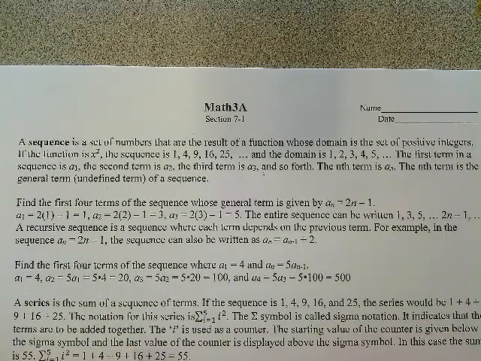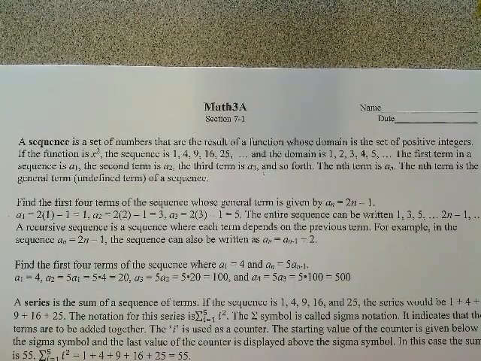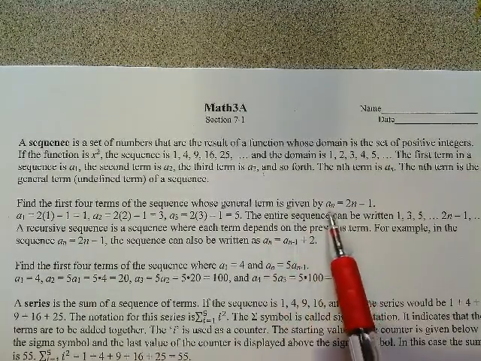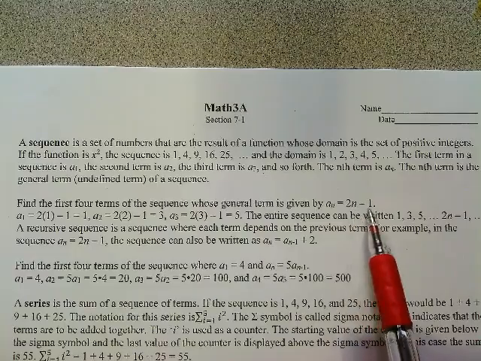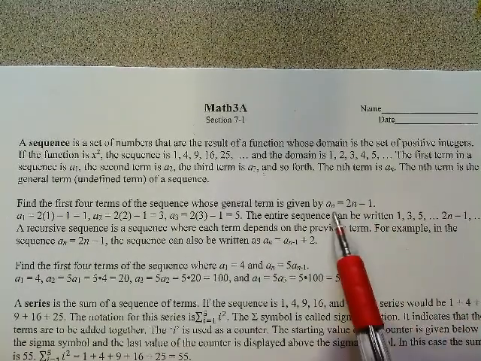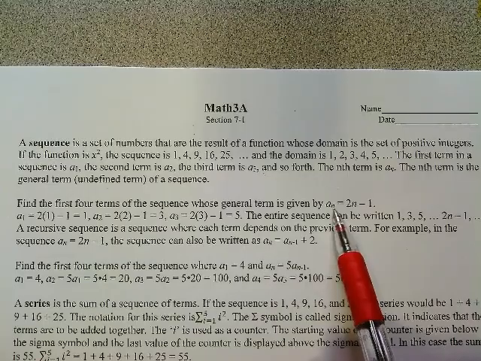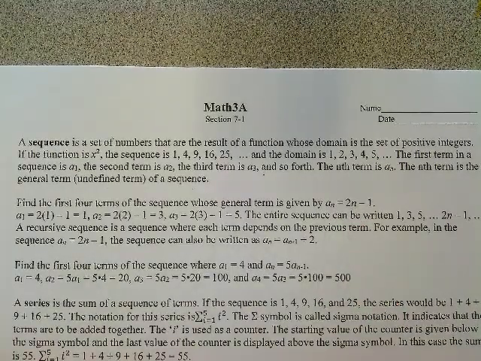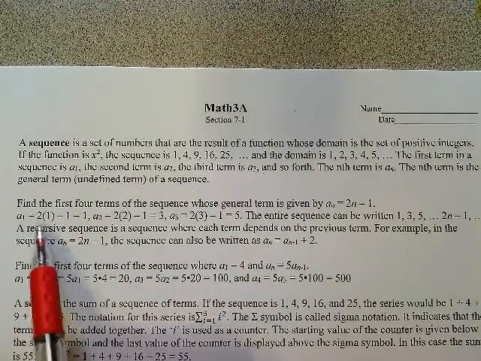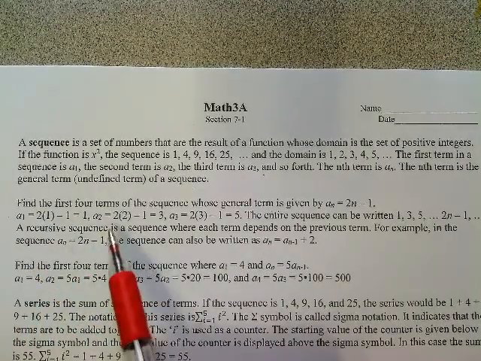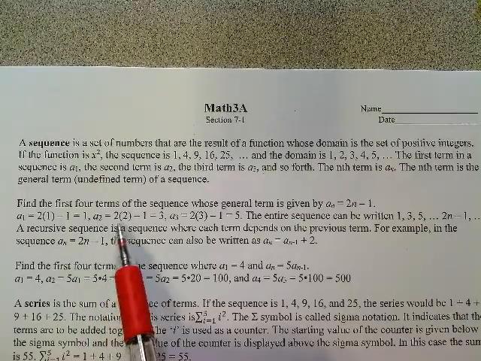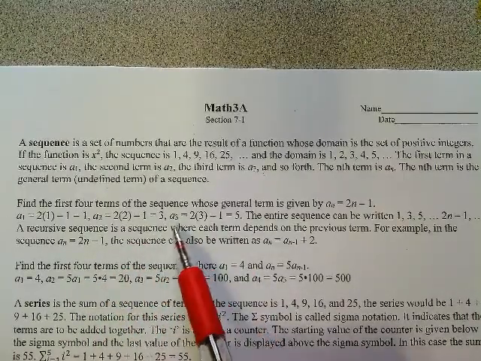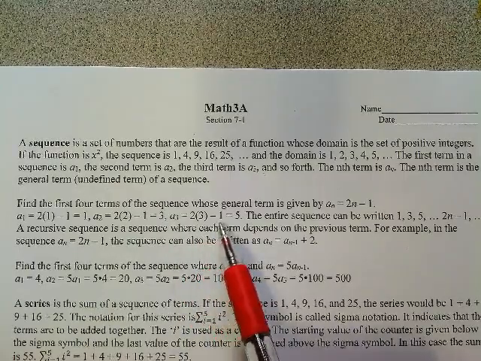Now, if we wanted to find the first four terms of a sequence whose general term is given by an equals 2n minus 1, the key is whatever number this n represents, that n has to also represent in the formula. So if we wanted to start off with the first term, a1 would equal 2 times 1 minus 1, which is 1. a2 would equal 2 times 2 minus 1, which is 3. a3 would equal 2 times 3 minus 1, which is 5.